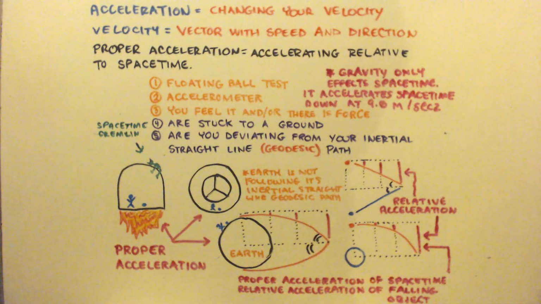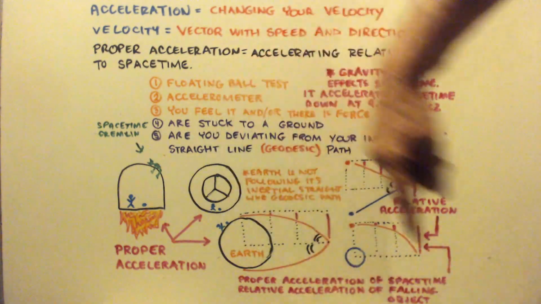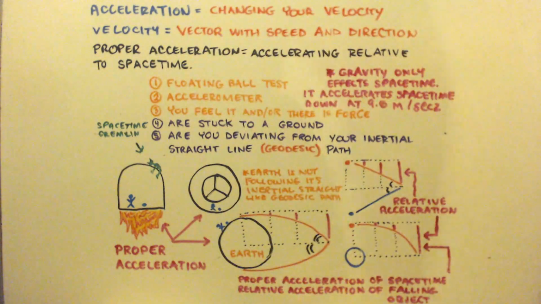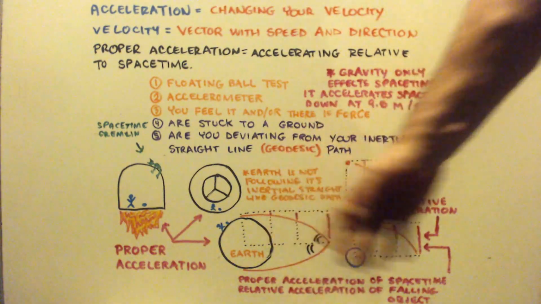Okay? So you got the floating ball test, you got the accelerometer test. You hold a ball out, if it floats, it's not accelerating. If it doesn't float and it goes to the ground, then it's accelerating. That's proper acceleration. Not the ball, the space-time if you're on Earth.